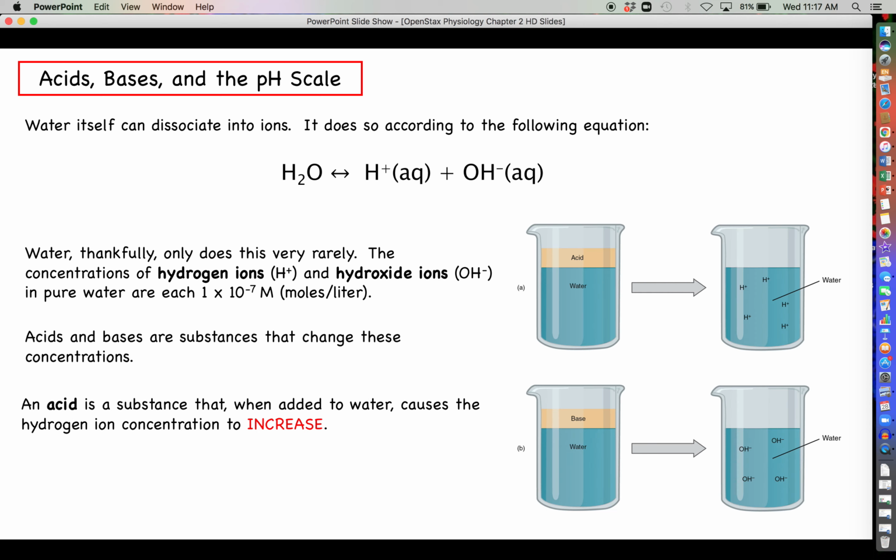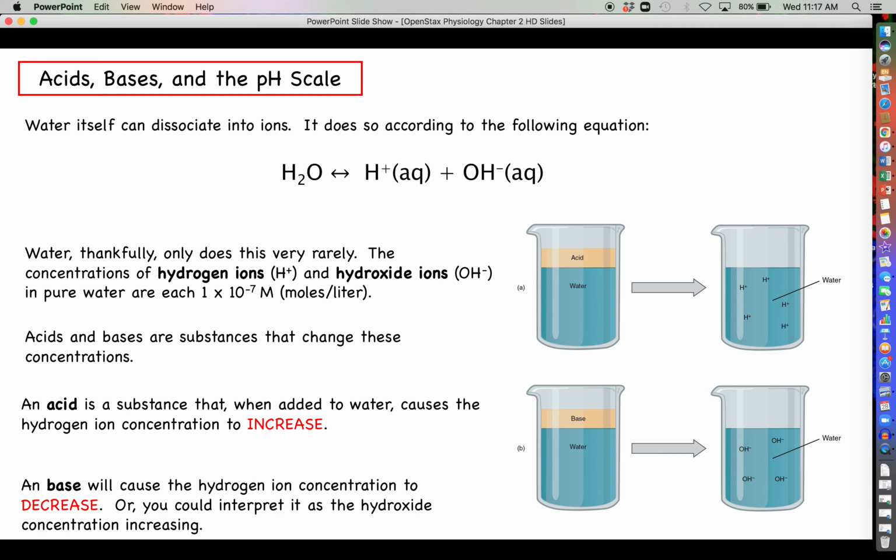So an acid is a substance that when you add it to water, causes the hydrogen ion concentration to increase, and the hydroxide ion concentration will go in the opposite direction. It will go down. And on the other hand, a base will do the exact opposite. A base will decrease the hydrogen ion concentration at the expense of increasing the hydroxide ion concentration.